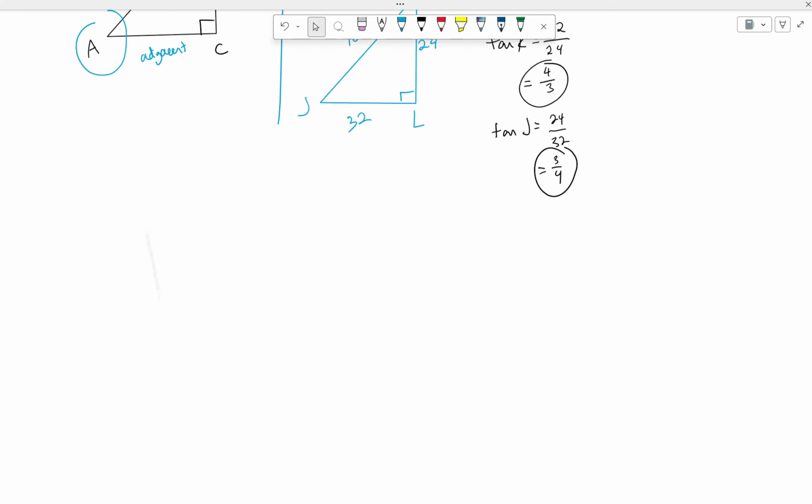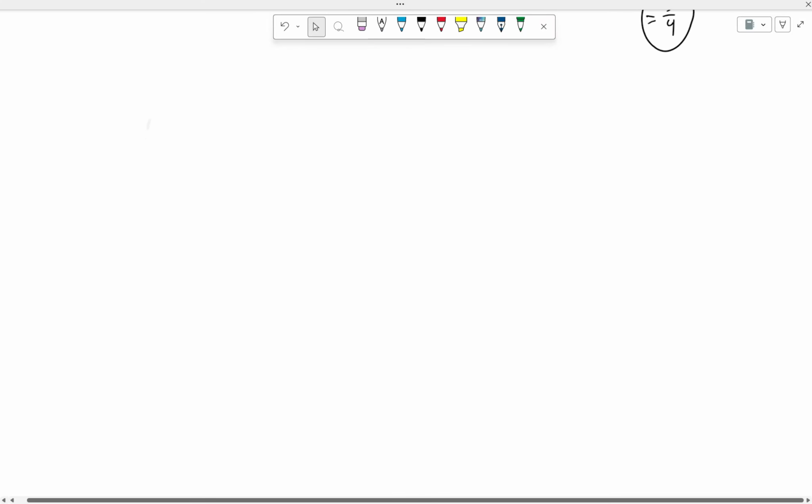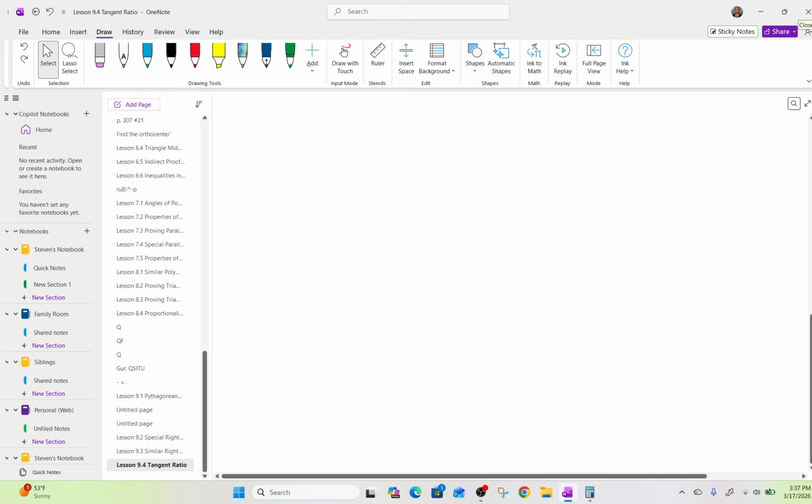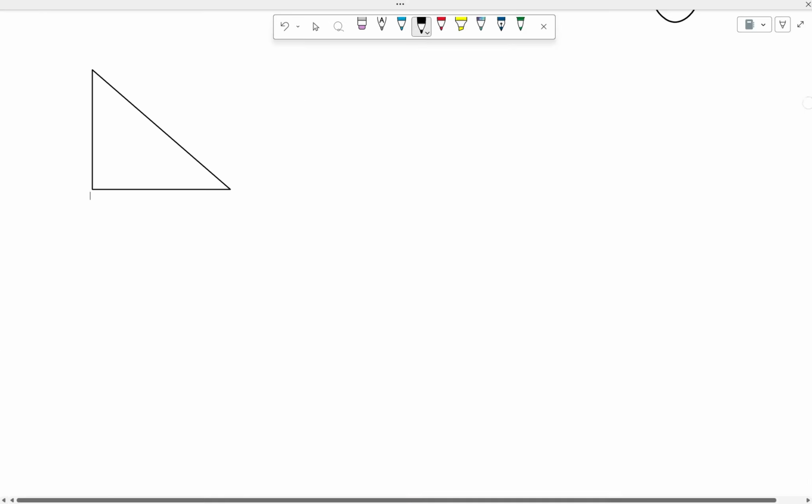Next, let's explore some special triangles and see what we get. Let's go to auto shapes here. I'm going to do one of these that you are familiar with, and find the tangent of the specific angle.